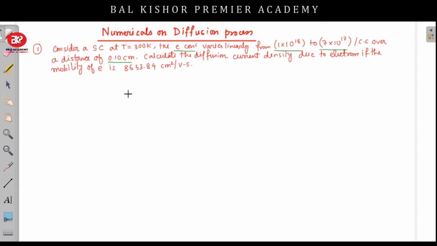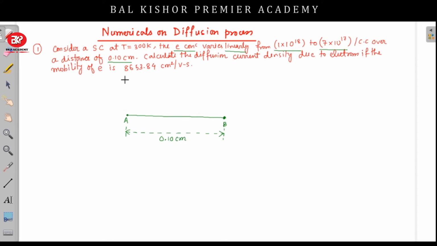Suppose there is a point A inside the semiconductor, and another point B inside the semiconductor, and the distance between these two points, according to the question, is 0.10 centimeter.